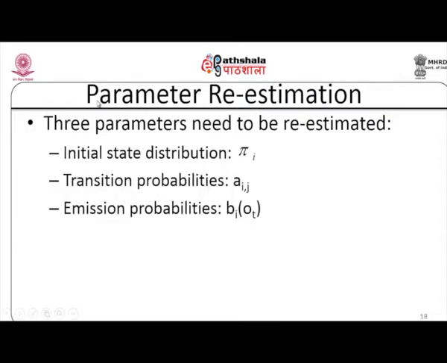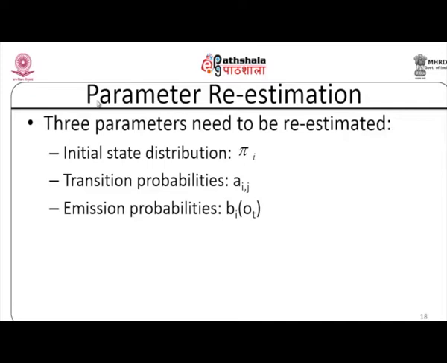The three parameters that need to be re-estimated, as we have been talking about in the last two modules again and again, are the initial state distribution pi_i, which is the probability of a particular state i being an initial state; the transition probability, the probability of going from S_i to S_j; and the emission probability, the probability of being in state i and seeing the observation O at time t.